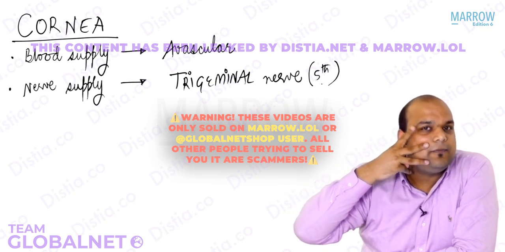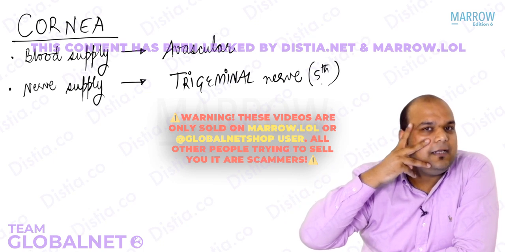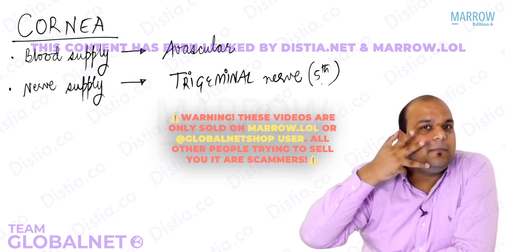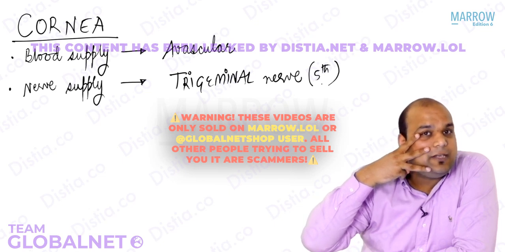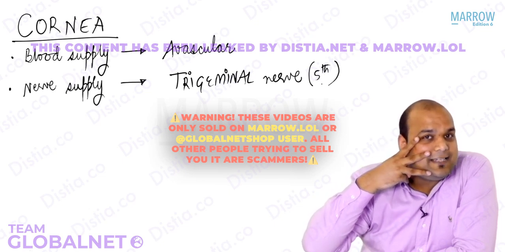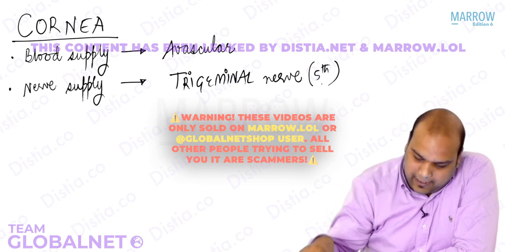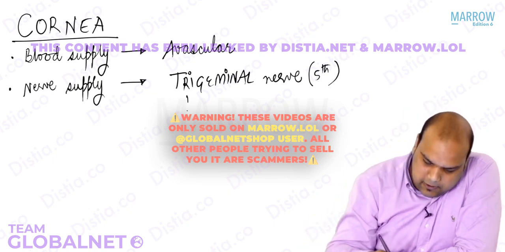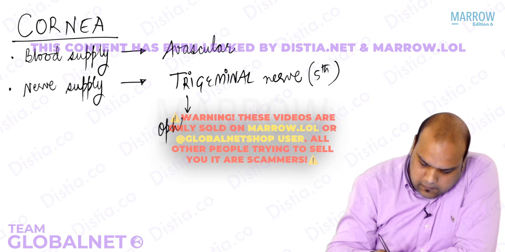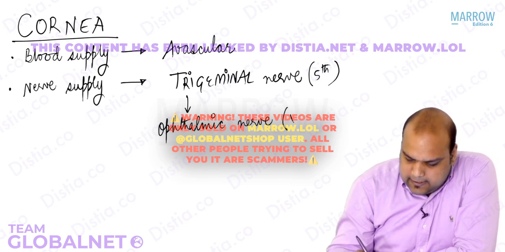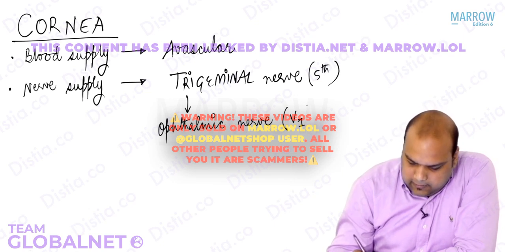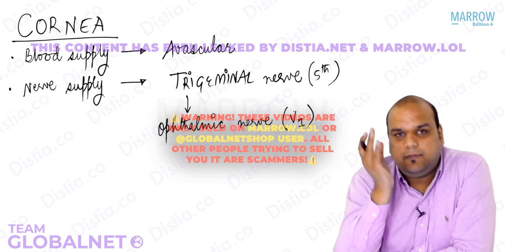Number one, ophthalmic. Number two, maxillary, because it is the maxillary bone. And number three, mandibular, because it is the mandibular bone. Now, I hope there should be no confusion which branch of the trigeminal nerve will supply my eye. Ophthalmic nerve. At a lot of places denoted as V1, first branch of the fifth nerve.